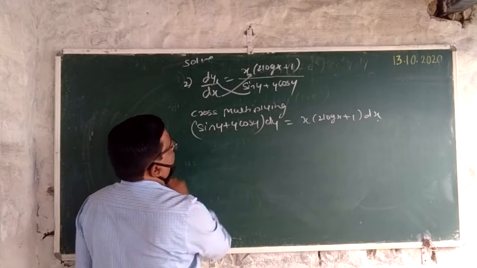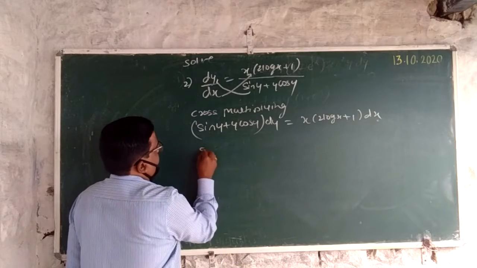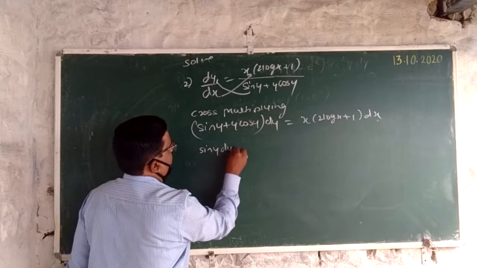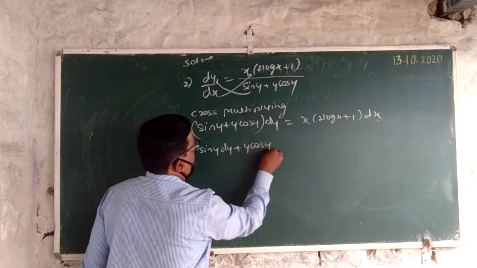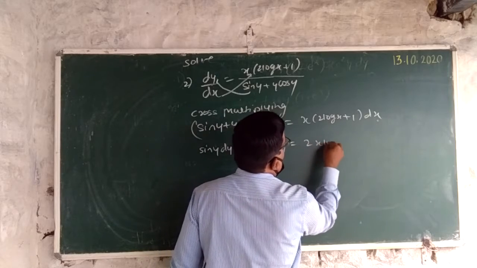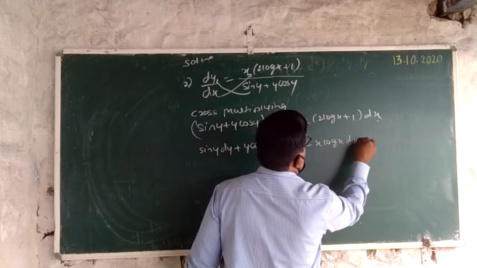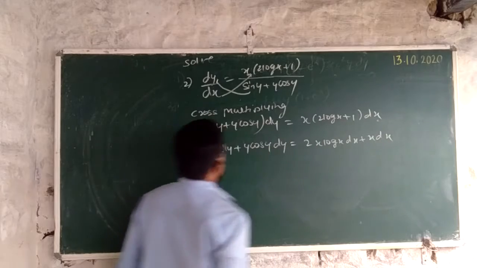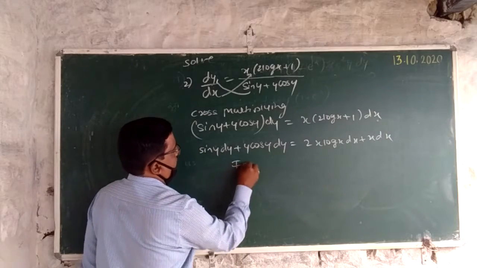Okay, so now integrating: sin y dy plus y cos y dy is equal to 2 into x log x dx plus x dx. So now integrating.